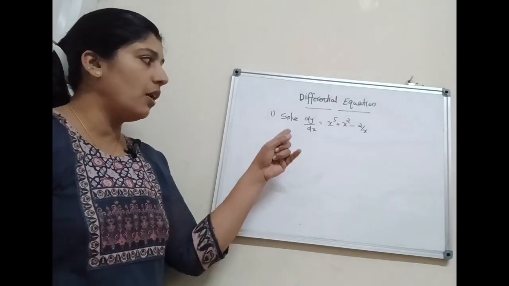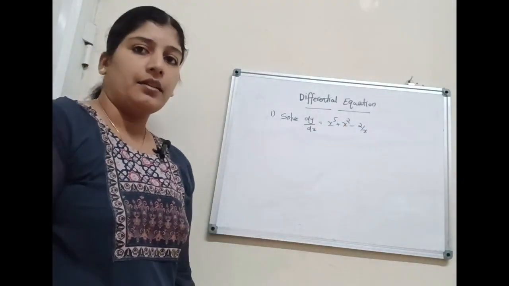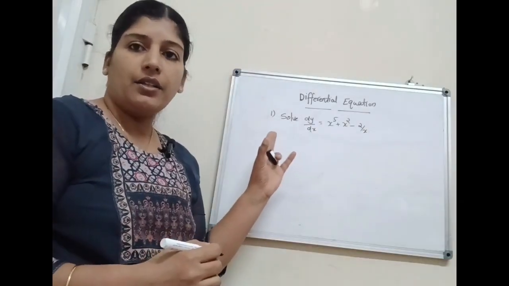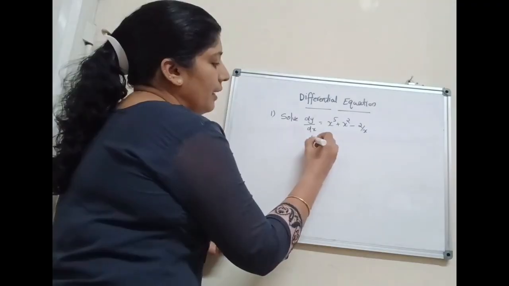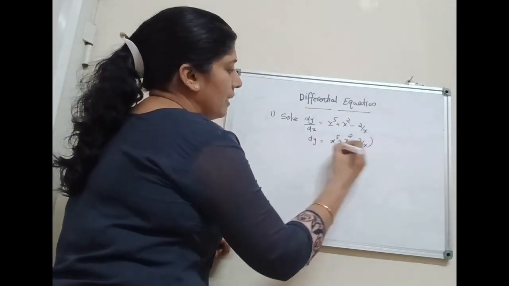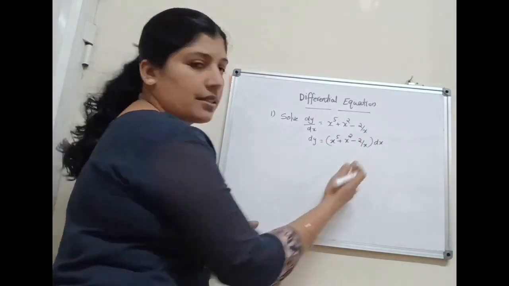Next, consider the question. Solve dy by dx equal to x raised to 5 plus x square minus 2 by x. Here, first we have to arrange it in the form n dy equal to m dx. That is, dy equal to x raised to 5 plus x square minus 2 by x dx. This is of the form n dy equal to m dx.